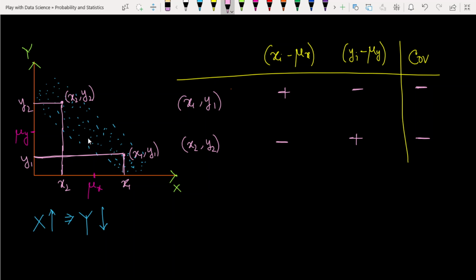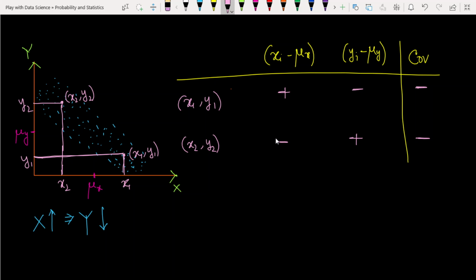So it is nearly the same thing. If you take values closer to our mean, the covariance value will be smaller. If you take values that are farther from the mean, in either the negative or positive direction, the covariance will increase.